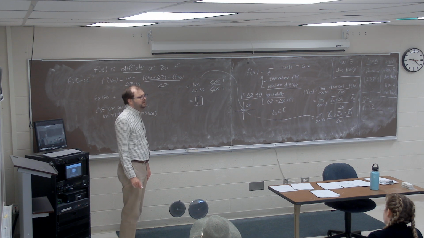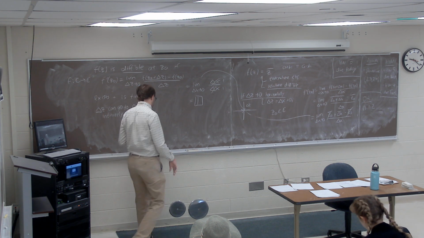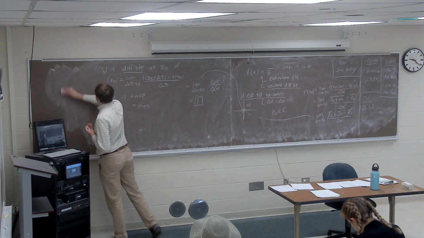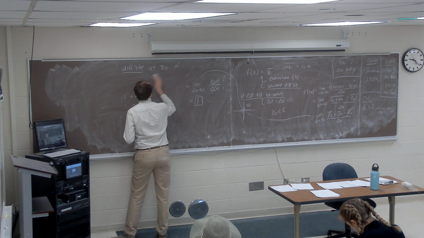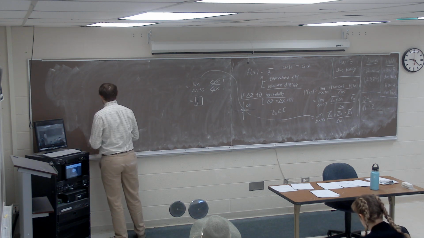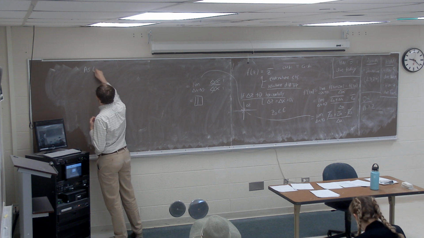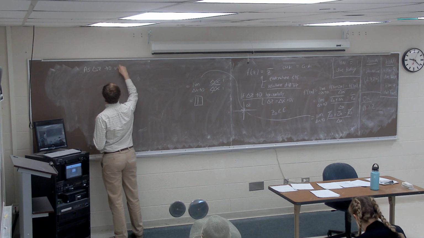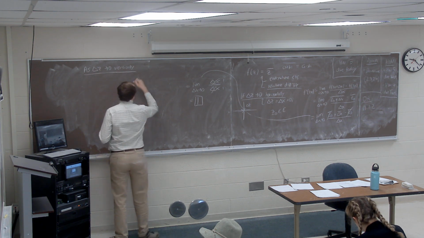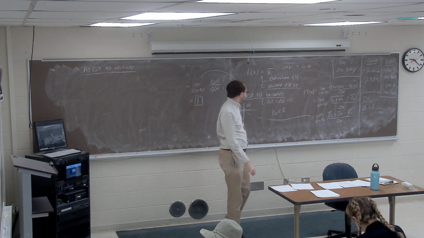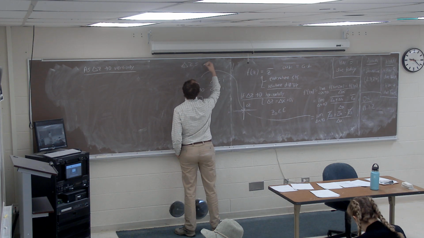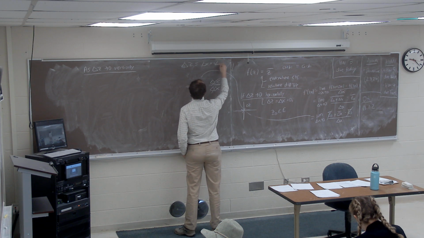Let's see what happens as delta z goes to 0 vertically. So, in general, we have delta z, as a reminder, is just going to be delta x plus i delta y.